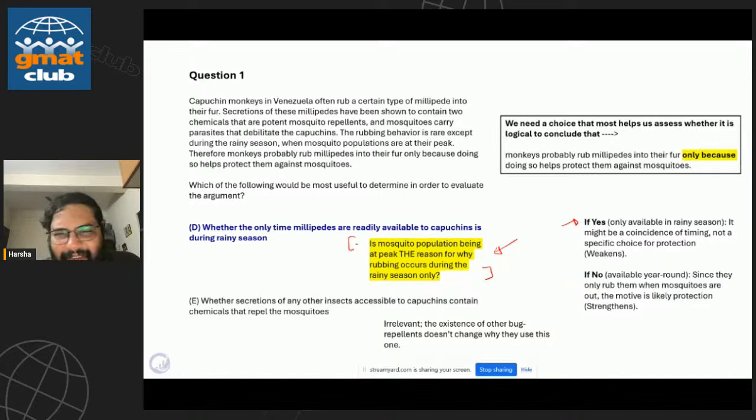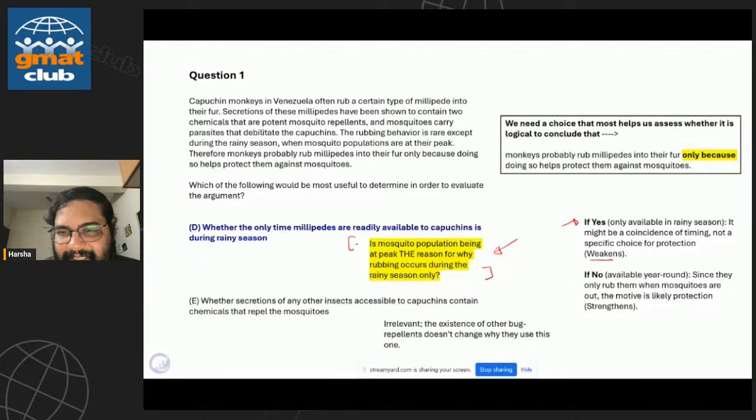To give you a very weird example, maybe these millipedes have excellent fur moisturizing properties. If it was available year round, the capuchin monkeys would be happy to keep moisturizing their fur. The problem is it's available only during this time, and in that case, it has nothing to do with the mosquito repellents.